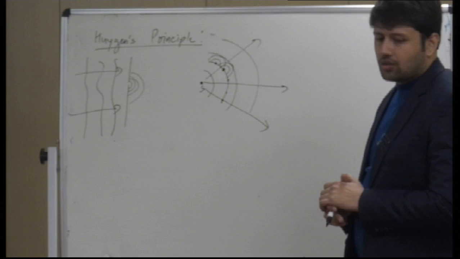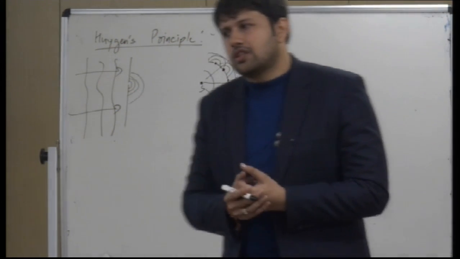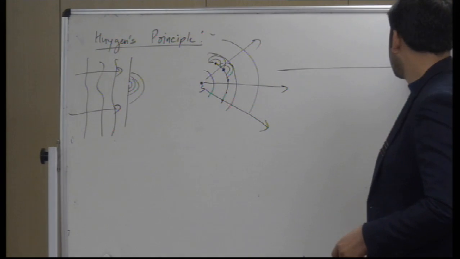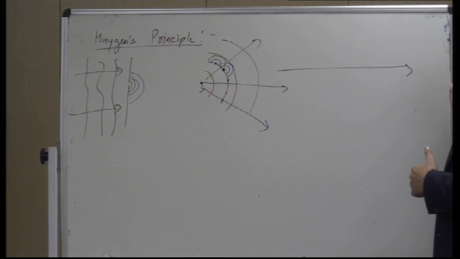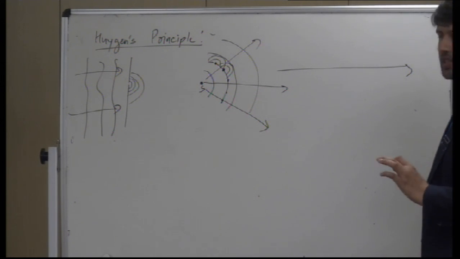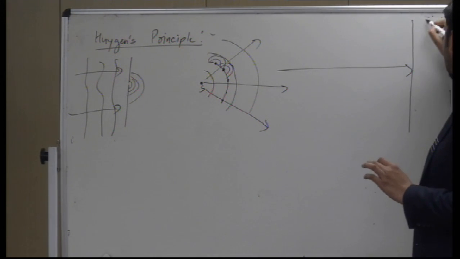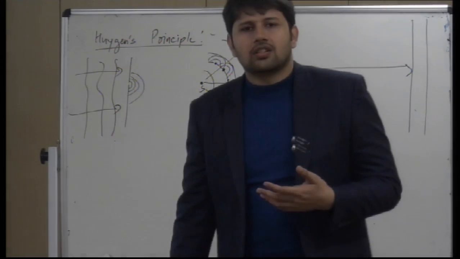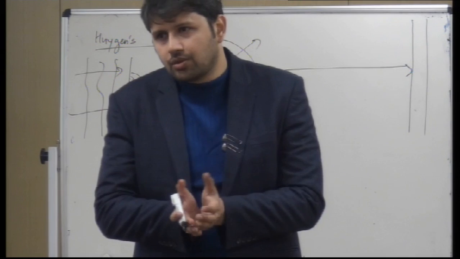Okay, so one thing you should also know is that these spherical wavefronts, at very large distance, the radius of the sphere becomes very large, which means that they would appear like a plane wavefront. That's why the sun is a spherical source.